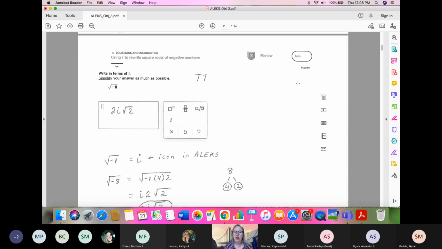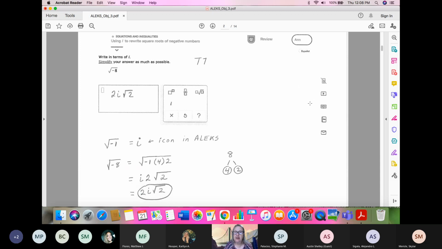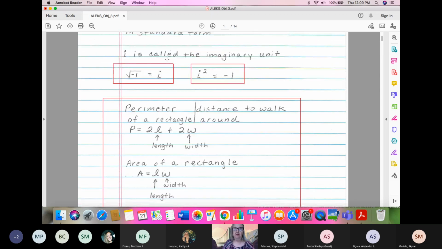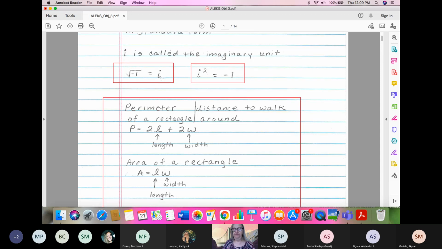So remember, last time, on Tuesday, we talked about how a negative is a -1. So that negative really represents -1. And the reason I say that is because if we go back here, when we have the square root of -1, it's this imaginary unit i.